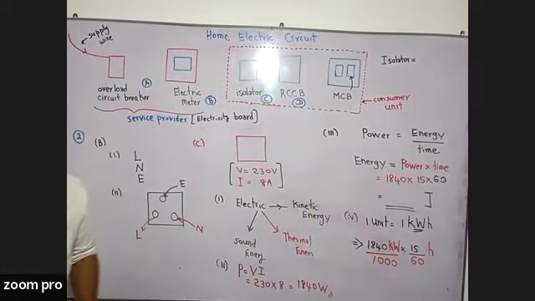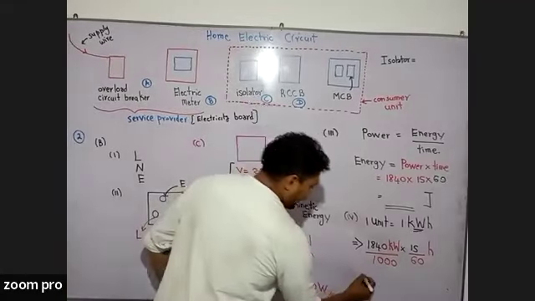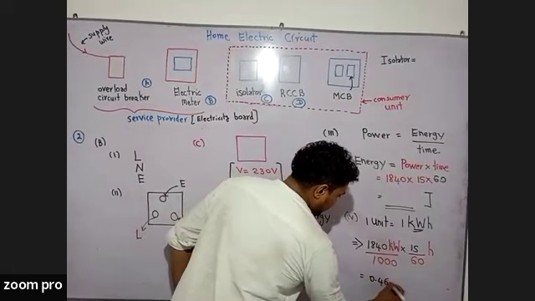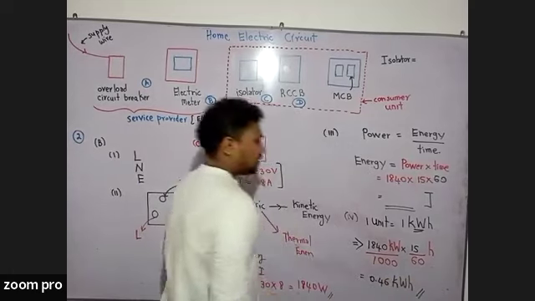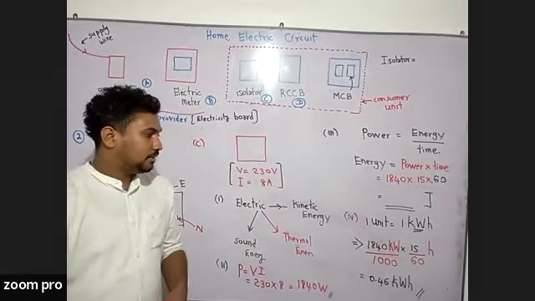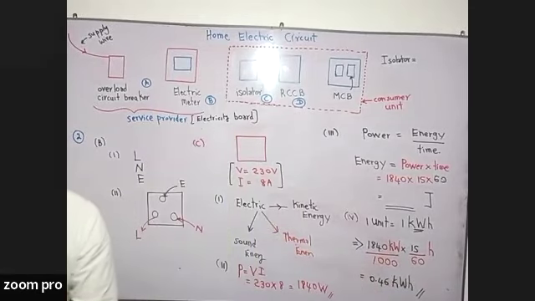So this can be considered as a unit. If I simplify it, we can obtain the number of units used by this electric motor, right?